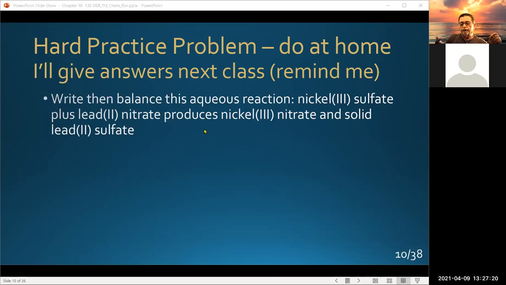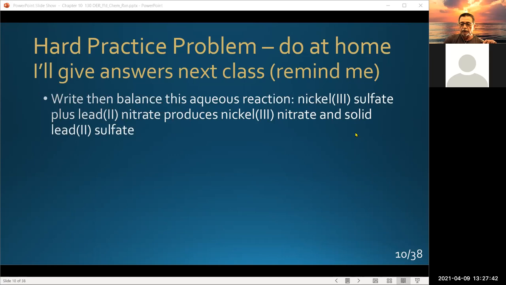And then if one of the products is insoluble based on the solubility rules, then we have a positive reaction. And we do have a positive reaction because they're telling us at the end here, solid lead sulfate.